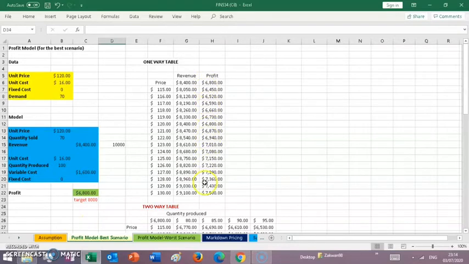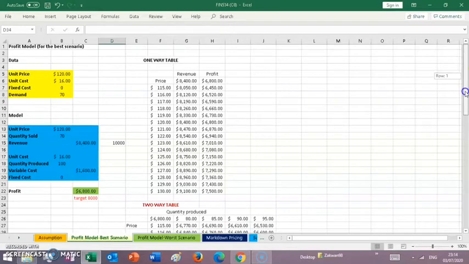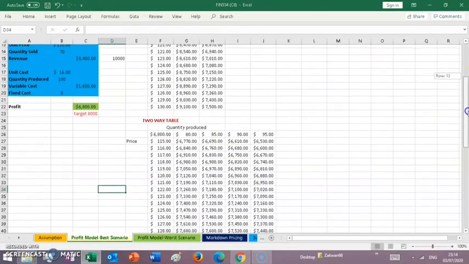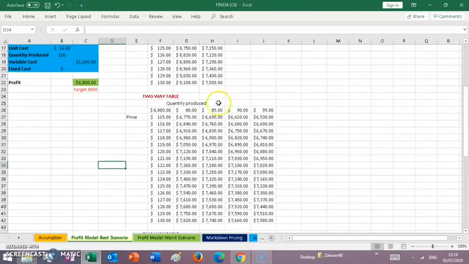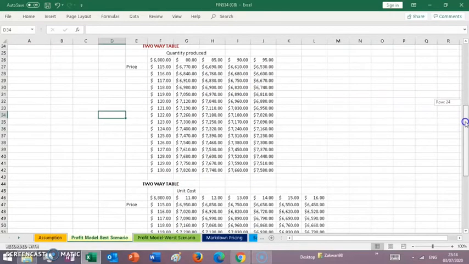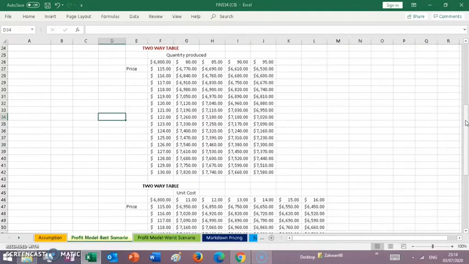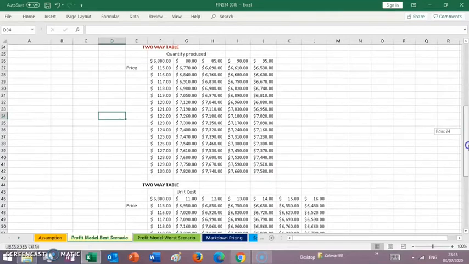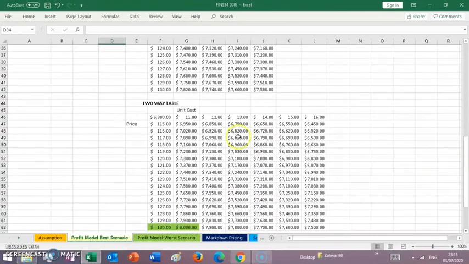There are no sufficient result for 8,000 for one way table. Next, I make two way table, which is I test quantity produced and price. They also don't have any sufficient target. Next test I make unit cost and price too.